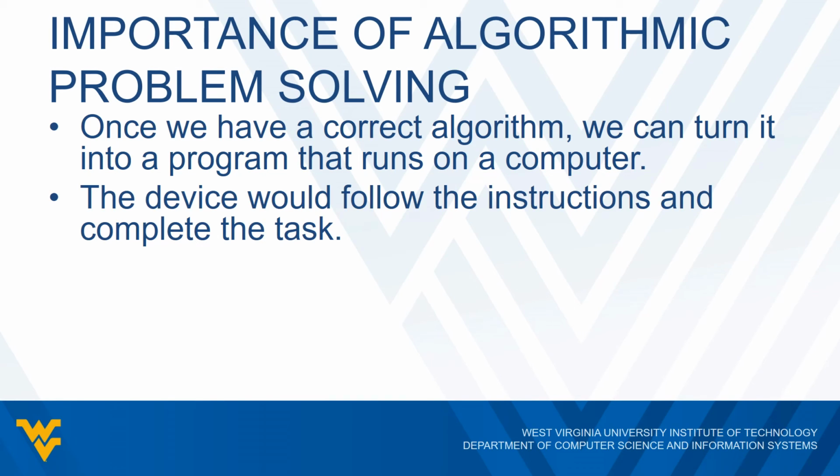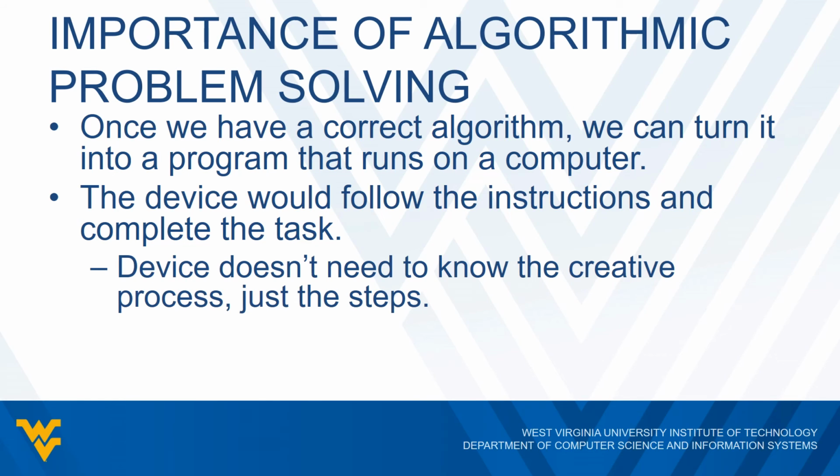Our device would simply follow the instructions and complete the task. It doesn't need to worry about the creative process or how we came up with those steps. It just sees the steps and says, okay, I'll do this step and this step and this step, and it performs all the steps.